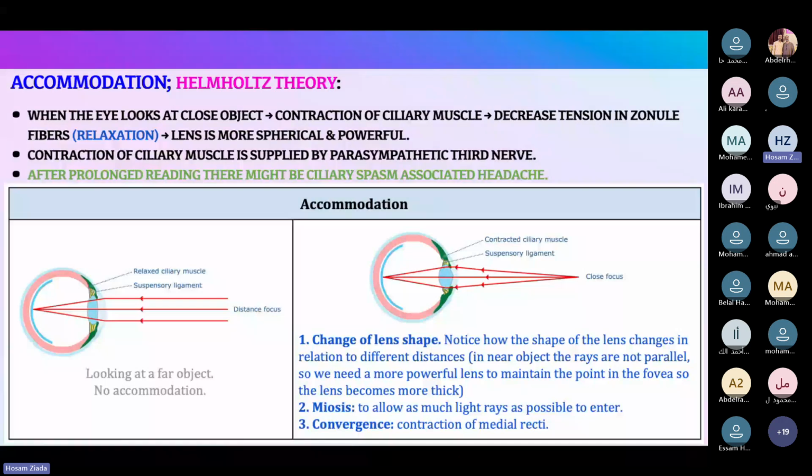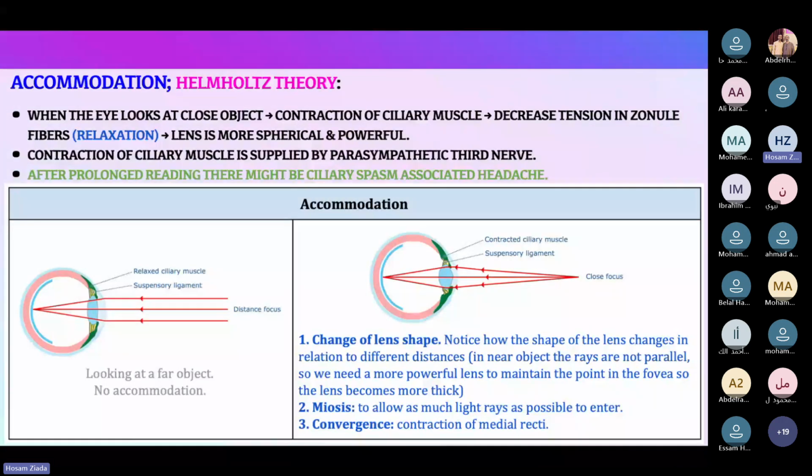What's the explanation of accommodation according to the Helmholtz theory? When the eye looks at a close object, contraction of the ciliary muscle will decrease the tension in the zonule fibers. Relaxation. So contraction of a muscle means the relaxation of the zonules, the reverse, okay?